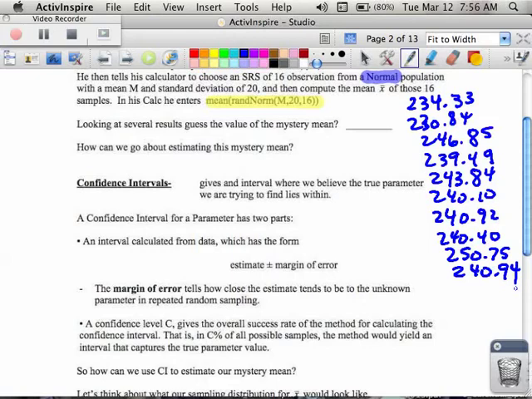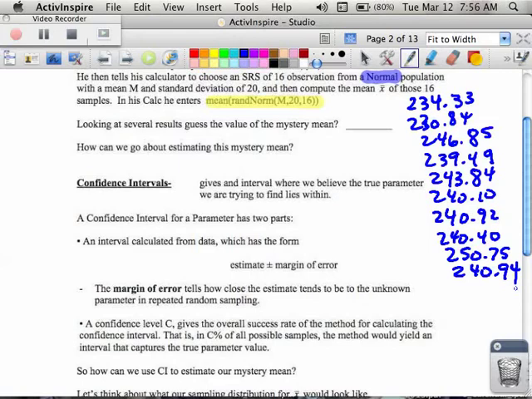What I would pose to you is, if you were looking at all those numbers and had to guess what the mystery mean was, what would you guess? 240, somewhere around 240.